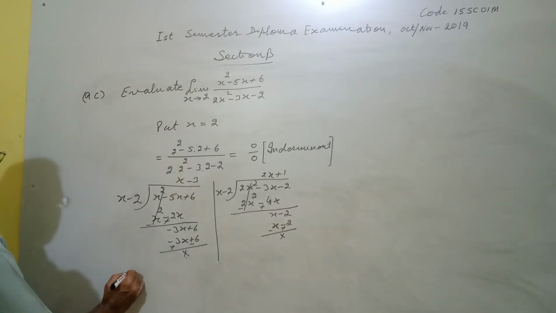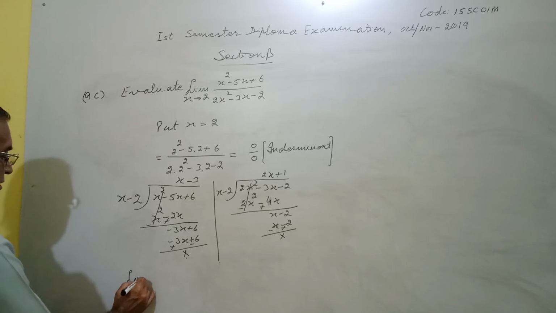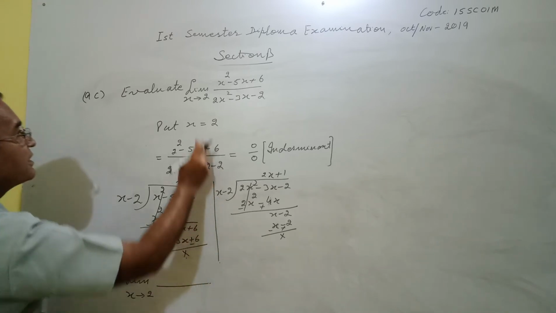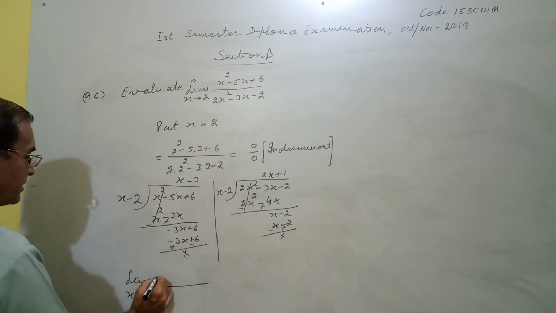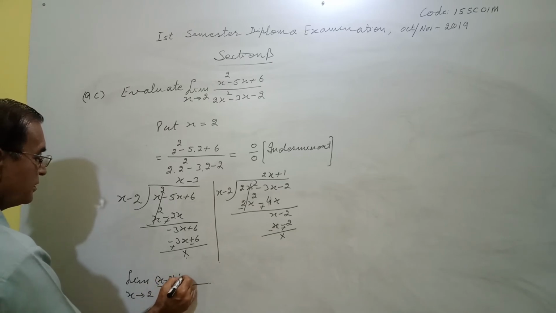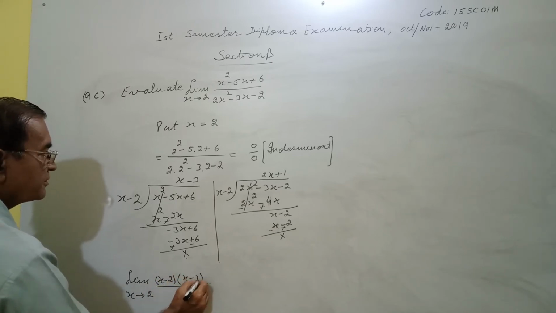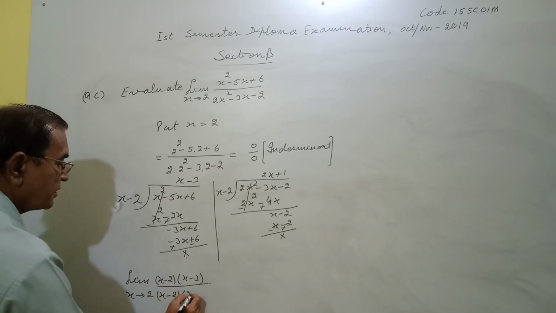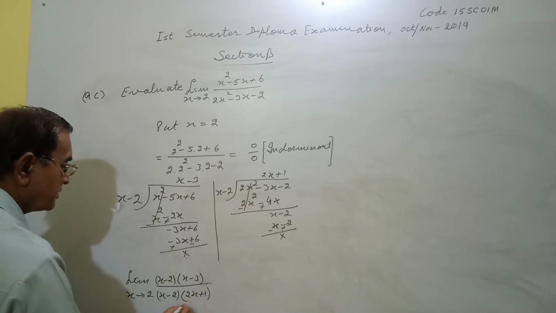So thus limit x approaches 2 can be written as, in the numerator, x minus 2 into x minus 3. In the denominator, x minus 2 into 2x plus 1.